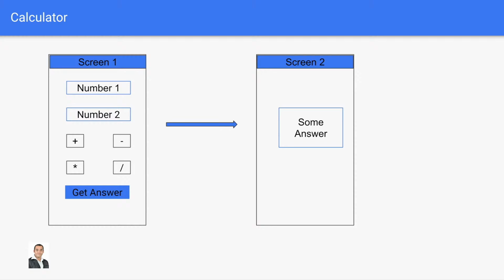As soon as we click on the button, we want the answer for the corresponding operation to be displayed on second activity. In conclusion, we are taking 2 numbers from the first activity, and then let's assume user clicks on the addition button and the answer will be displayed on the second activity.